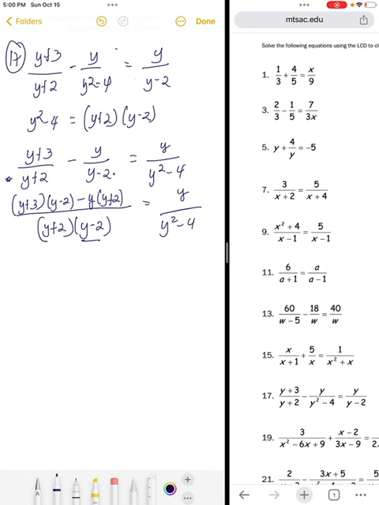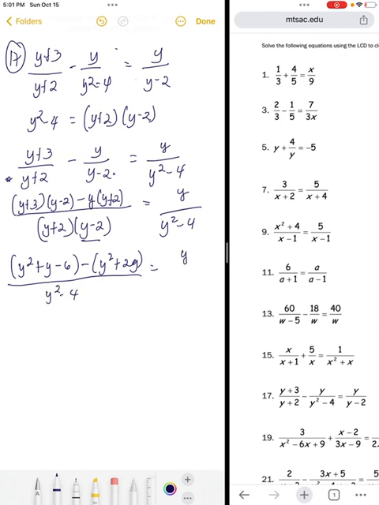Okay, so, ganyan siya. So, ito ngayon, sa numerator natin, if we will have the product, I will have y squared, plus 3y and minus 2y, that will be plus y, minus 6, minus quantity y squared plus 2y. Okay? And then, ang denominator ko, as you can see, since y plus 2 multiplied to y minus 2 is just equal to y squared minus 4.